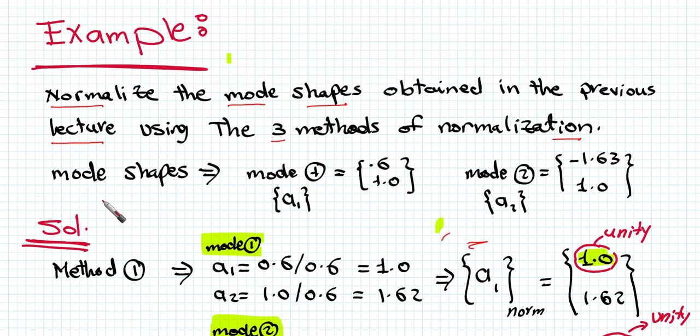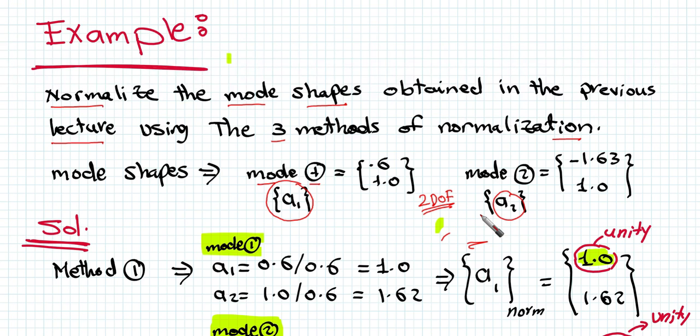We have the multi-degree freedom system example from about 2 lectures before. I put the mode shape amplitudes here. Mode shape number 1 we call A1, and mode shape number 2 is A2, and we have 2 degrees of freedom for the example.